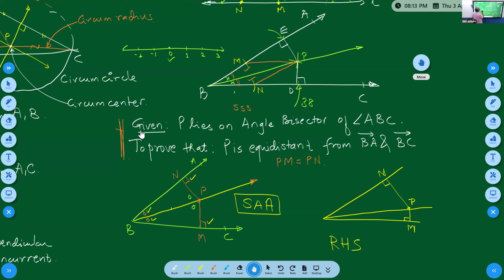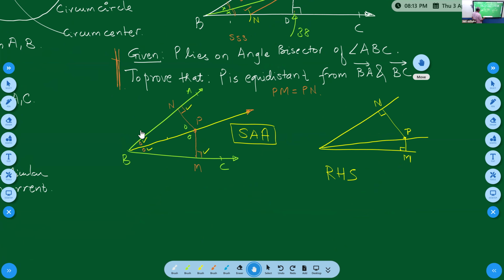Okay, so let us flip these two. So we call this AB1, angle bisector theorem number 1. This is AB1. What should be the converse? Just flip these two.